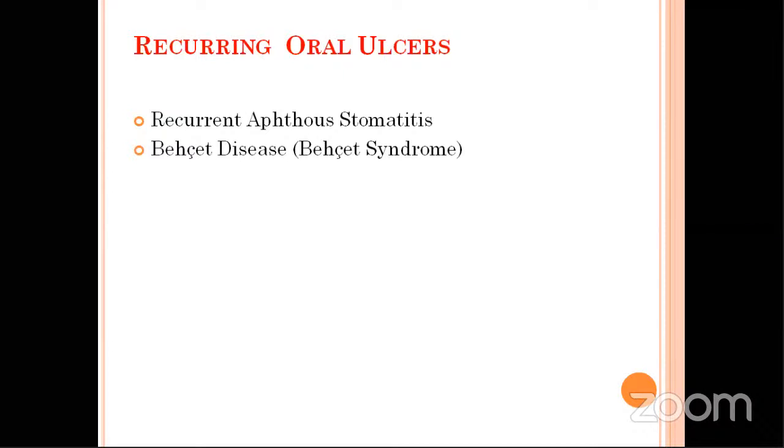So when you read a question regarding ulcers, even if it looks easy, those words are very important, whether it is recurrent, or common, or coming back again. Everything is very important. So the recurrent oral ulcers are recurrent aphthous stomatitis and Behçet's disease. Okay.